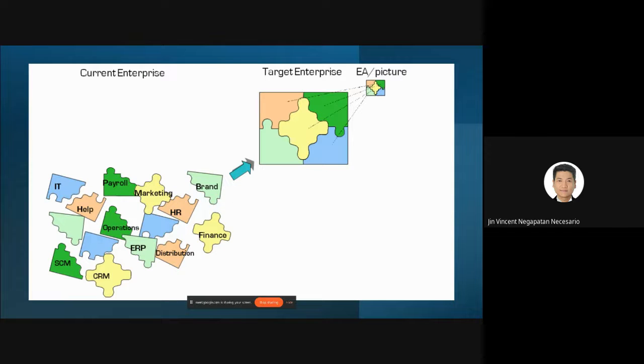So try to imagine the enterprise architect. Their role is basically to achieve unity of the whole enterprise and align the technology strategy with the business strategy.